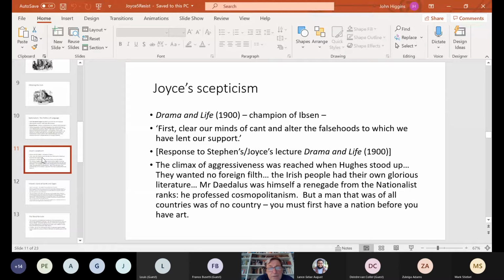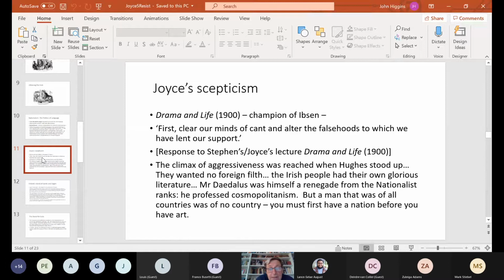And he wasn't shy of putting forward his rather unpopular positions. In an essay written in 1900, which I've already quoted from and briefly discussed, Joyce championed the dramatic works of the Norwegian dramatist Ibsen.